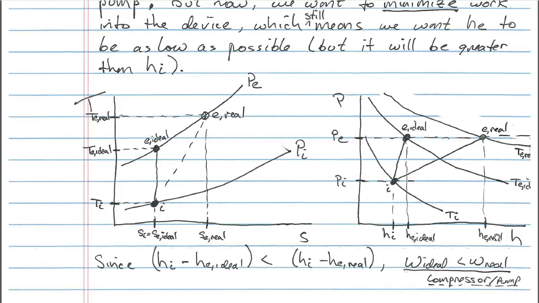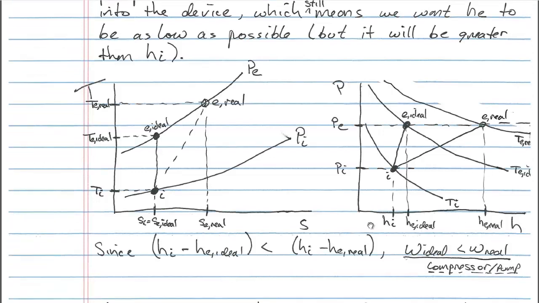And so if we now take a look at these differences, we see that HI minus HE ideal is the work that we have to put in to bring the exit state up to its ideal exit state, and the difference between HI and HE real is the amount of work that we have to put into the real compressor or pump device to bring the exit state up to the real exit state, okay?